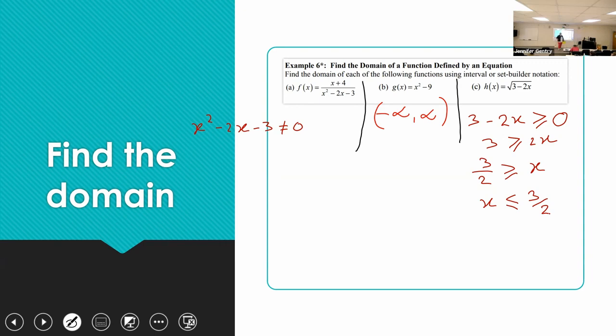If I have a negative infinity, what kind of bracket goes in front of it? Yeah, parenthesis. Always, right? Because you can't ever get to infinity, so it can never be equal to that, correct? What number do I have? 3 over 2. Okay. Do I have my equal sign? What does that mean? What goes there? Square bracket. That's what that looks like.